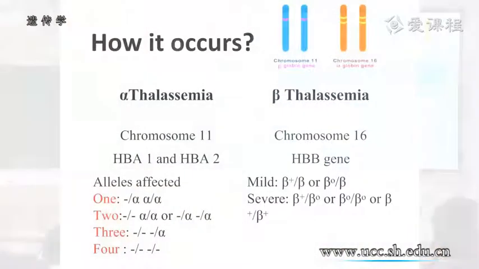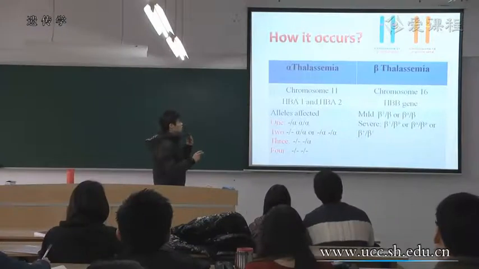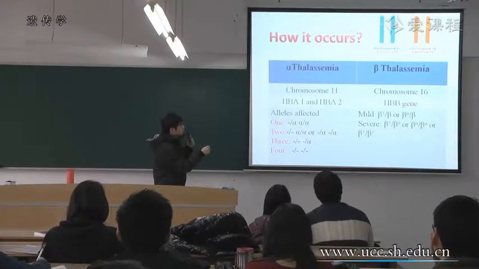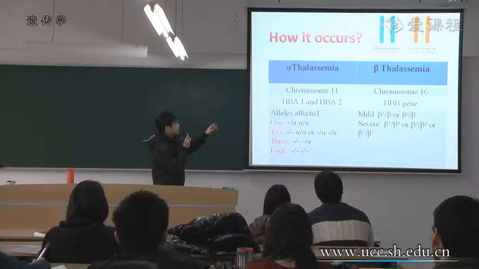So how does it occur? As you can see, chromosome 11 and chromosome 16 are for beta thalassemia and alpha thalassemia respectively; there are 2 loci on chromosome 11 and 4 loci on chromosome 16. As I said just now, substitution occurs more in beta thalassemia than alpha thalassemia.